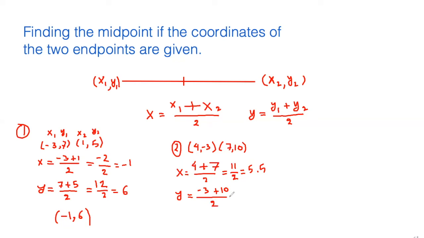So -3 plus 10 gives me 7 over 2. If you divide 7 by 2, the answer is 3.5. Okay. So the midpoint for these 2 points, 4, -3 and 7, 10, is 5.5 and 3.5.